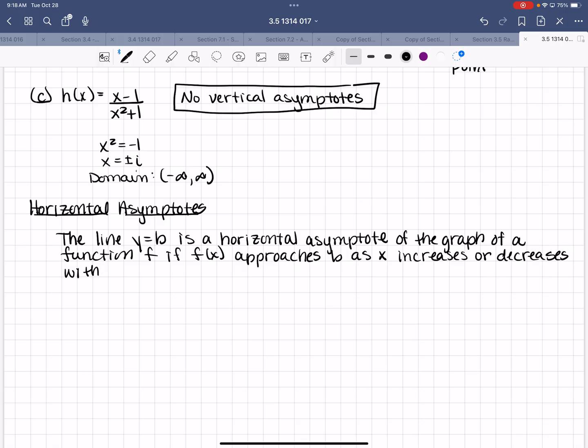Guys, that's why we wrote over there on 1 over x and 1 over x squared.